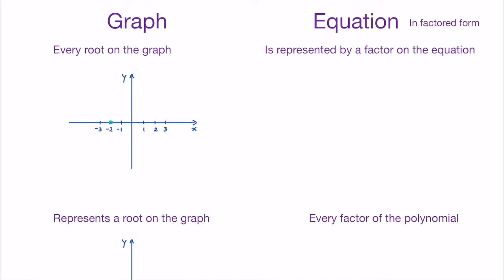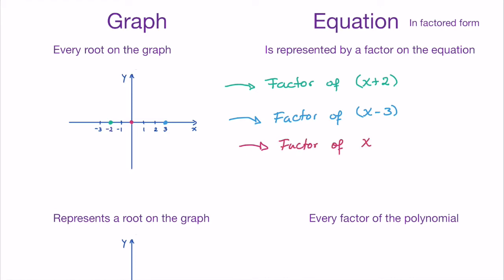So suppose our graph has a root of -2, then the corresponding equation has to have a factor of x plus 2, because -2 is a root of x plus 2. If 3 is a root of our polynomial, then the equation has to have a factor of x minus 3, because 3 is a root of x minus 3. If the graph of the function touches the x-axis at 0, then x has to be a factor of the equation, since 0 is a root for x.